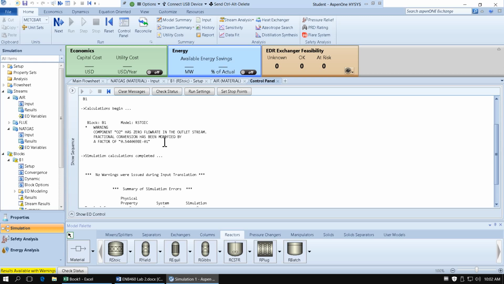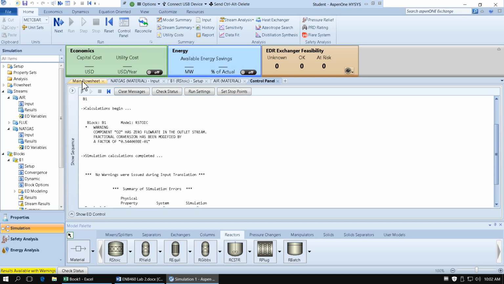Fractional conversion has been modified by a factor of 0.544 times 10 to the minus 1. So it's saying that my oxygen in the reaction is the limiting reagent. It was not enough to react with the natural gas components, and so fractional conversions for all components have been modified from 1 to this very small factor.